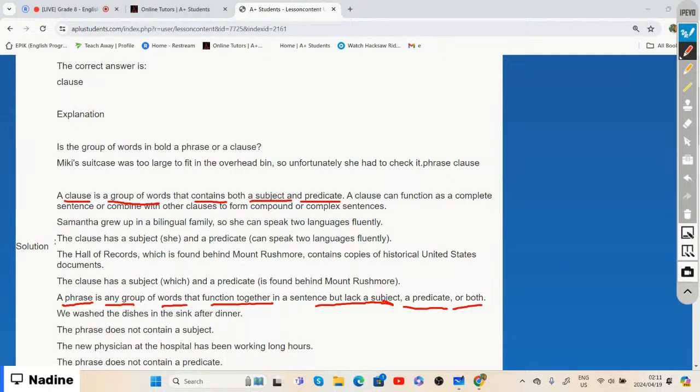So here they're saying a phrase is any group of words that functions together within a sentence, but it either lacks a subject, a predicate, or both. We washed the dishes in the sink after dinner.